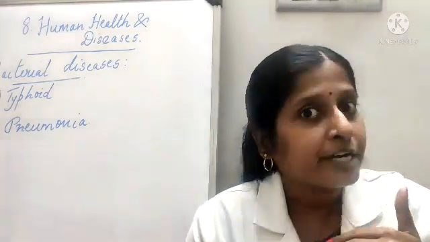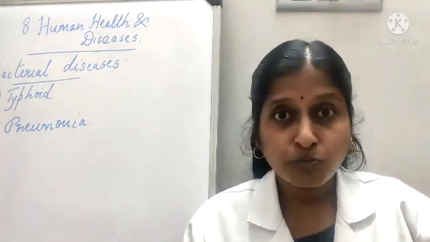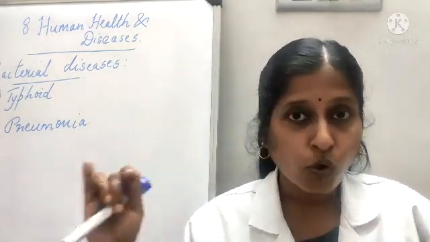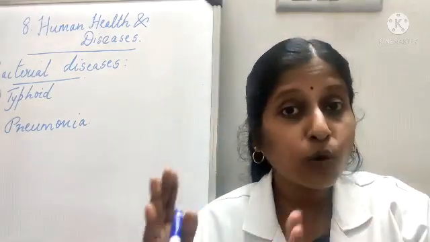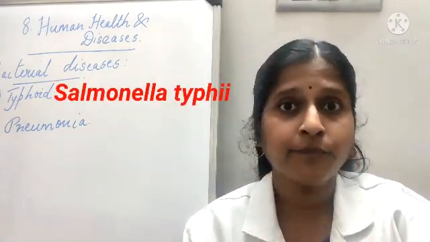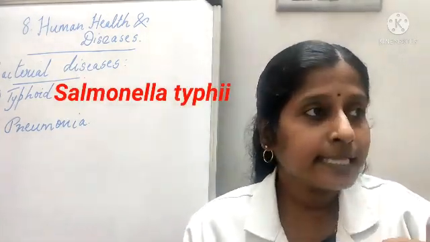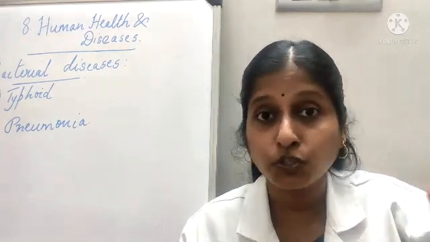Now how is it spreading? What is the mode of transmission, how does typhoid spread from one person to another? So the causative organism we learned is a bacteria called Salmonella typhi. Now the next thing is how it is spreading from one person to another.